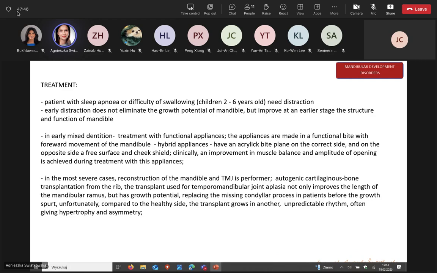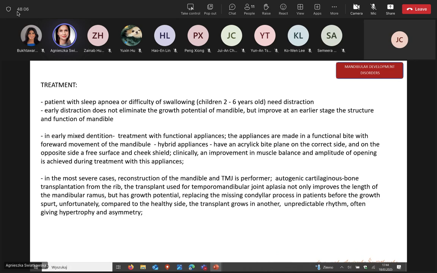They could have an acrylic biplane on the affected side, and on the opposite side a free surface and cheek shields. Clinically, an improvement in muscle balance and amplitude of opening is achieved during treatment with these appliances.